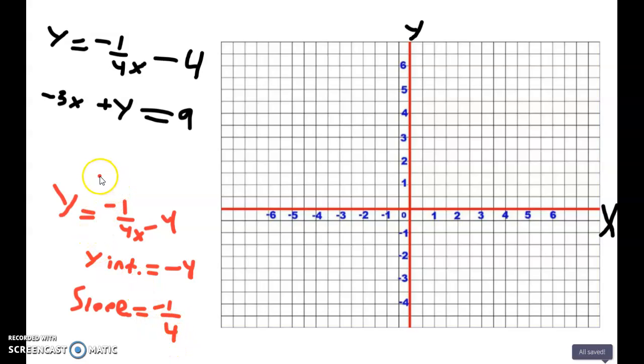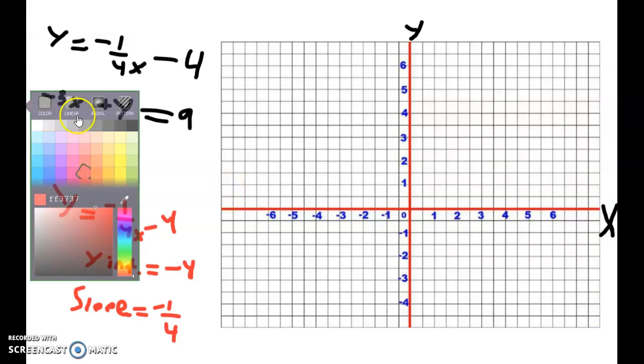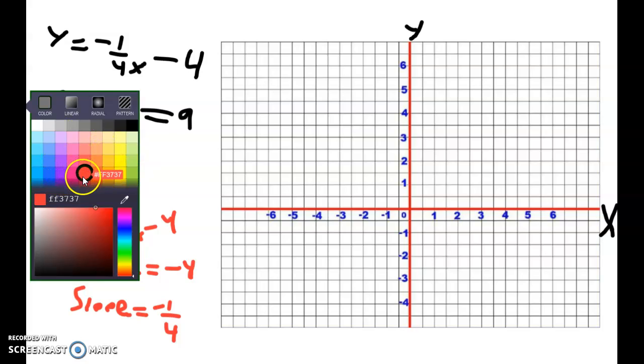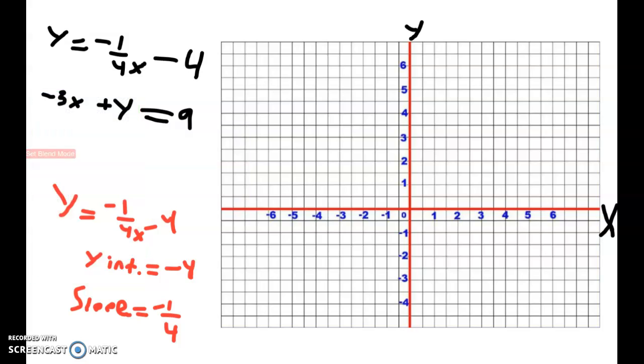So, real quick, let's place this on the graph. Let's place this in a red color as well. So, we're going to see negative 4, which is right here. So, our y-intercept is negative 4, so we're going to have to place it at negative 4 on the graph. It covers it up, but negative 3, negative 3.5, and negative 4.